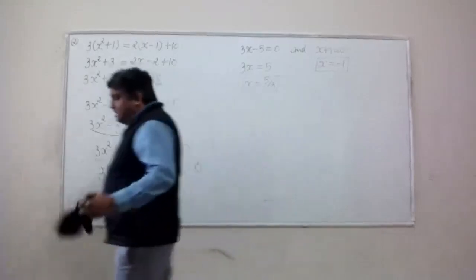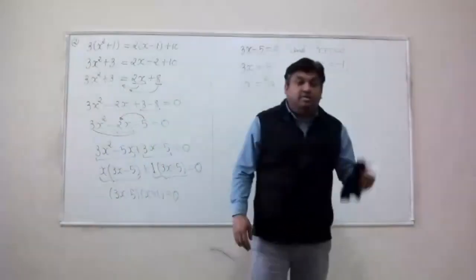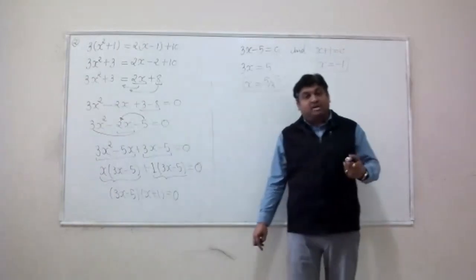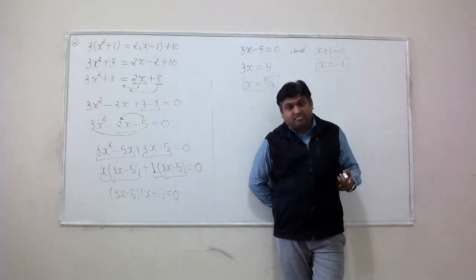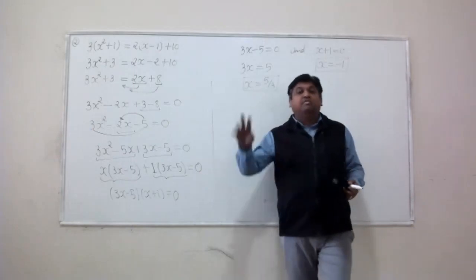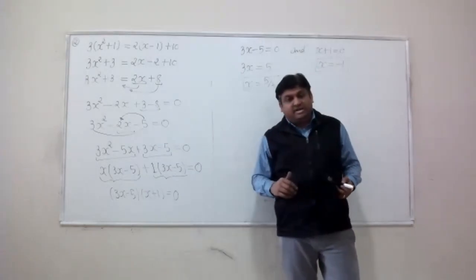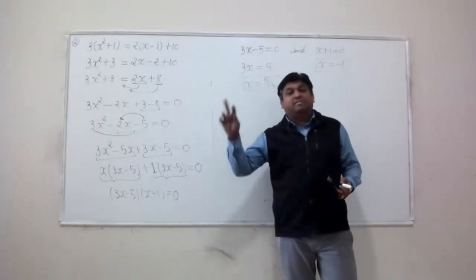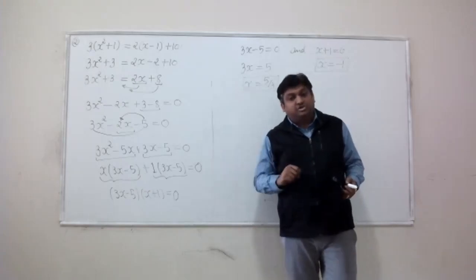Okay, now let's move on and let's talk about how to solve rational equation. If you remember in the lecture, I showed you two examples. In the first example, we had two legitimate solutions of the given rational equation. In the second example, we had two solutions, but they both were fake solutions.